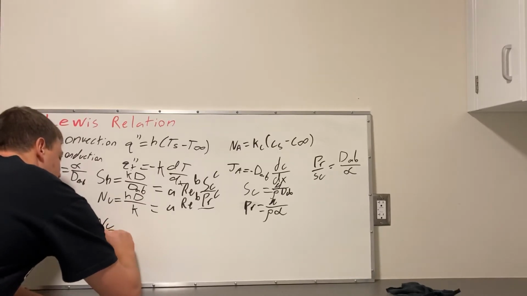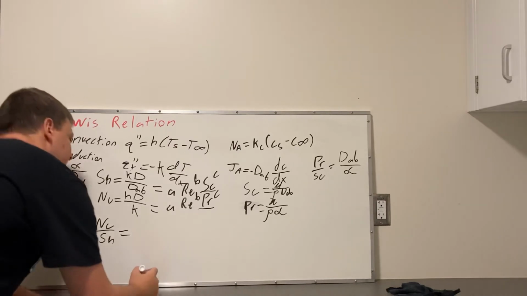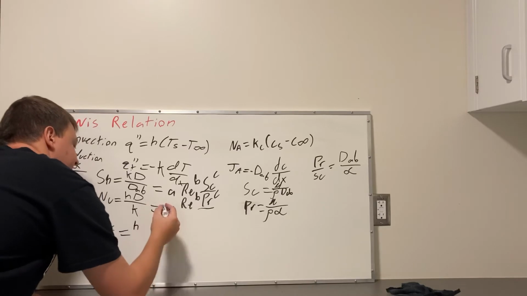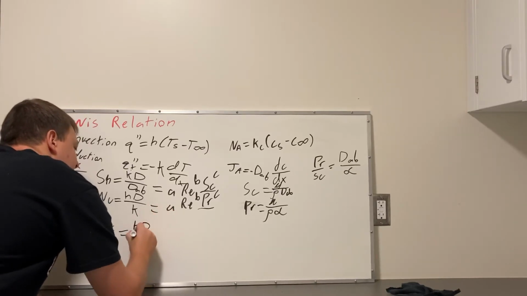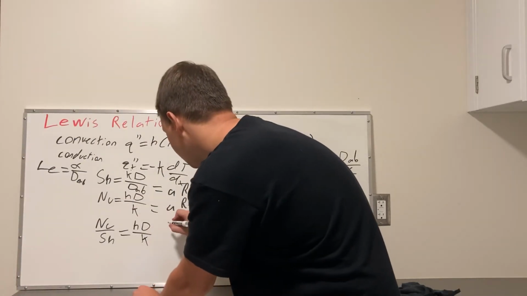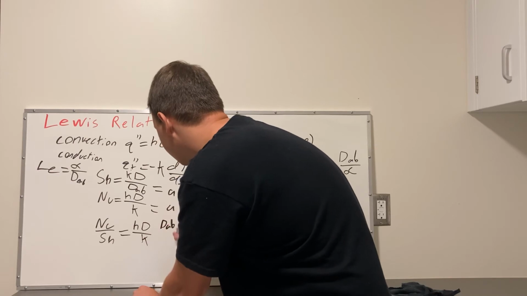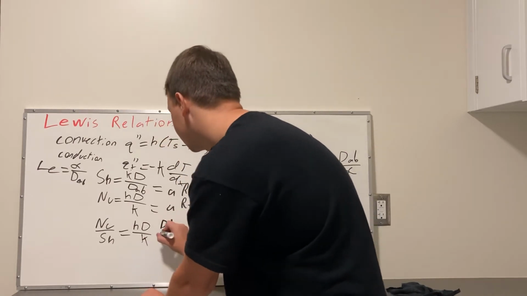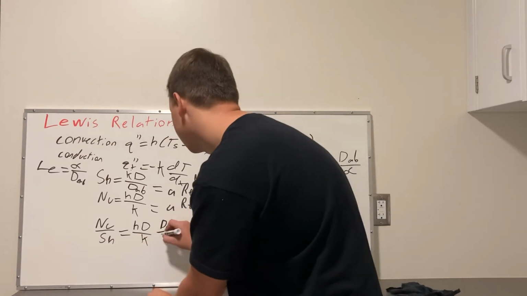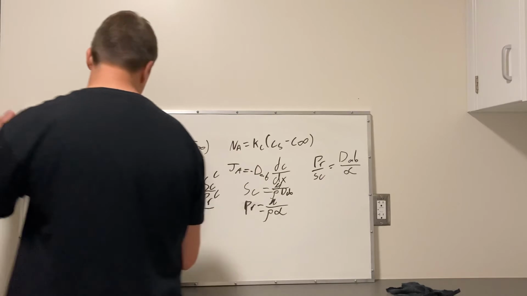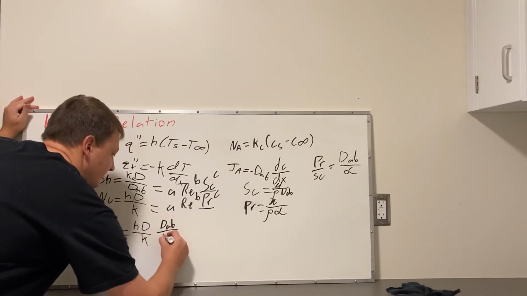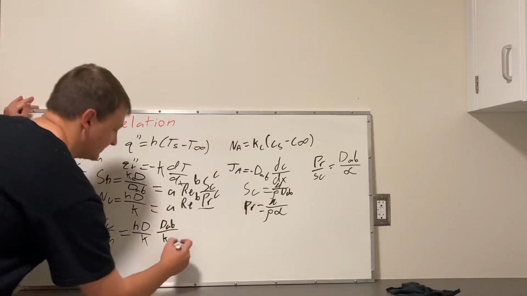you end up with the heat transfer coefficient times the diameter times the conductivity times the mass diffusivity constant over, that's supposed to be Kc, which is the mass transfer coefficient, so I have to over the mass transfer coefficient times the diameter.